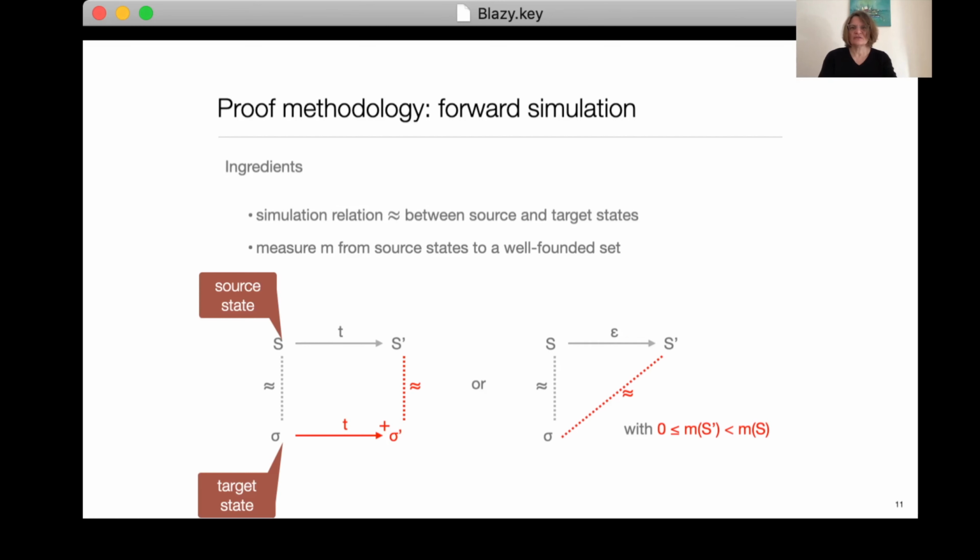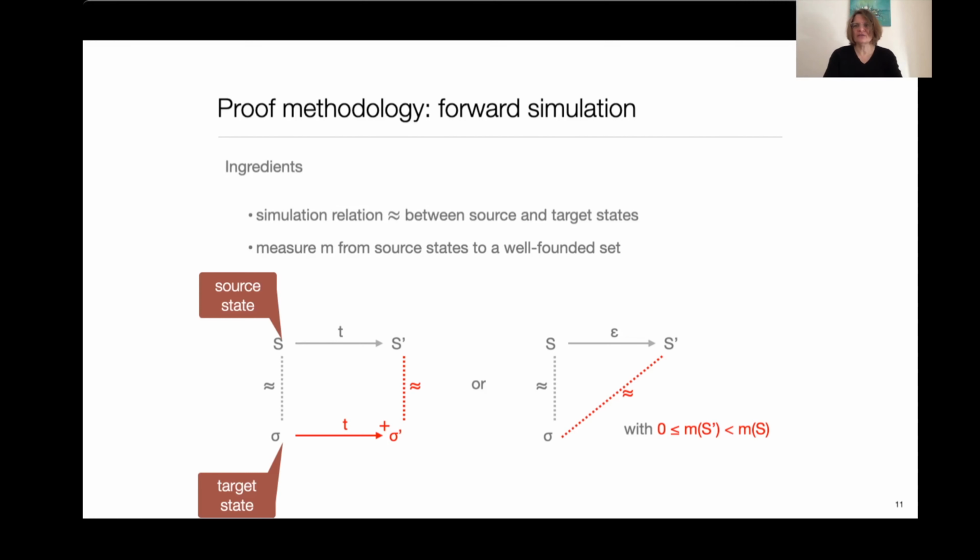Furthermore, some statements are not compiled and do not exist in the target program. For such statements, we need another simulation diagram that states that a source execution corresponds to no execution in the target program.